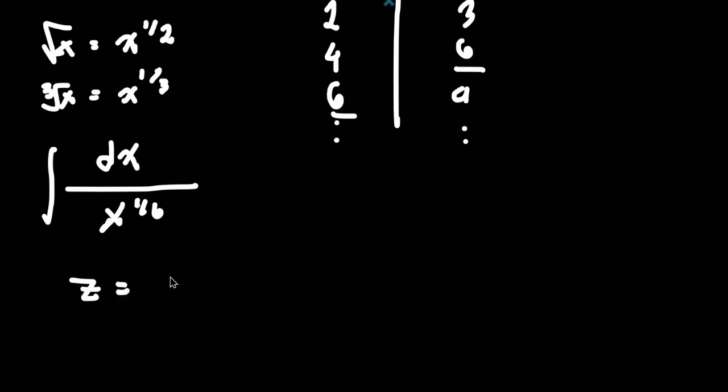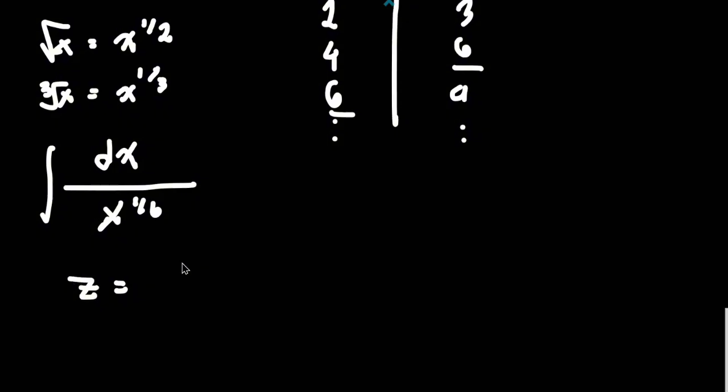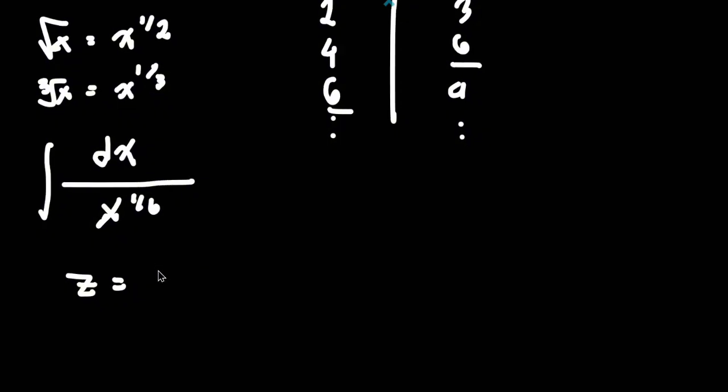I would prefer z as my variable, or my u. So I let z be the denominator, which is x raised to 1 over 6. And then I would neutralize it by multiplying by the reciprocal of what x is raised to. That would be 6, since the reciprocal of 1 over 6 is 6.